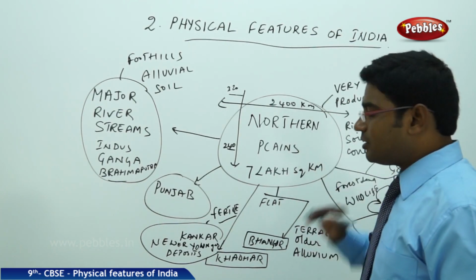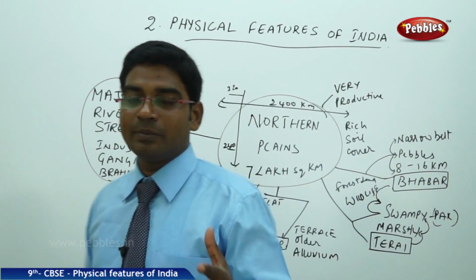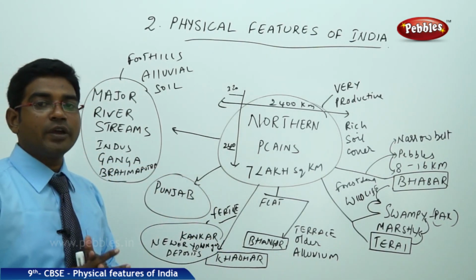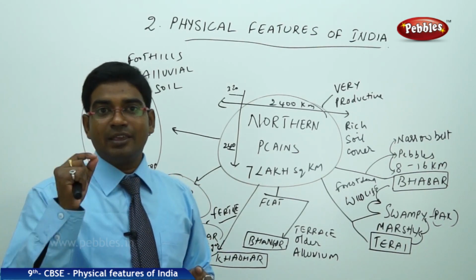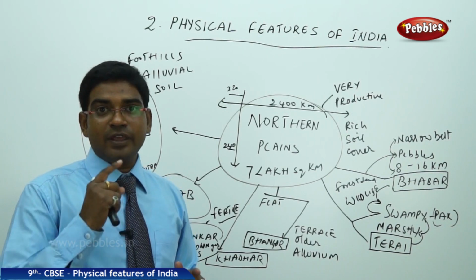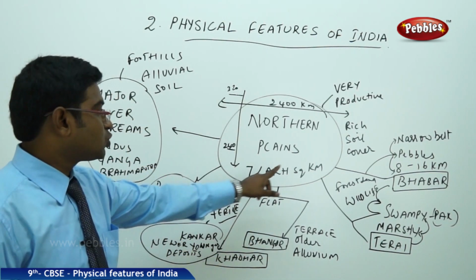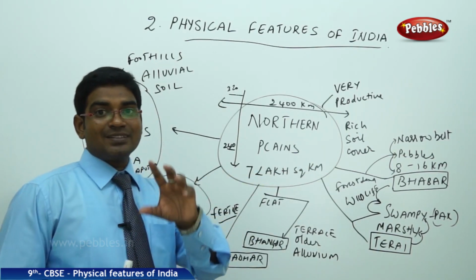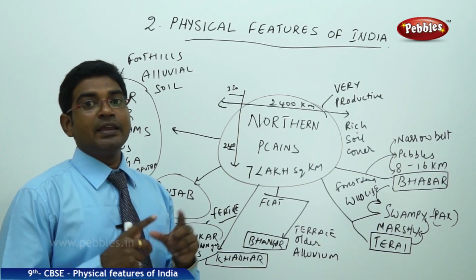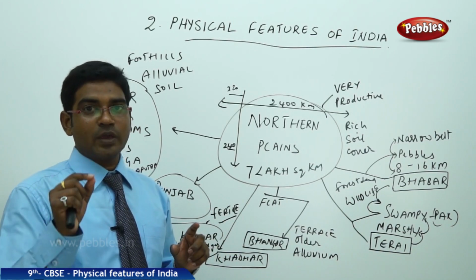Now, the northern plains, sorry, not the Northern Himalayas, the northern plains which are located on the south of the Himalayas cover a very wide region. It is nearly 7 lakh square kilometers. When we discussed the Himalayas, we discussed that it is present over 5 lakh square kilometers.